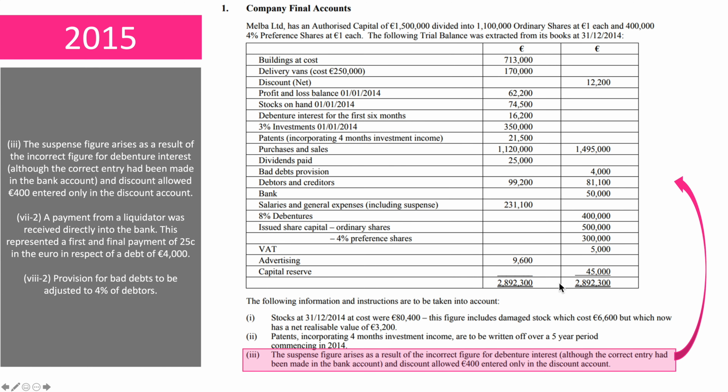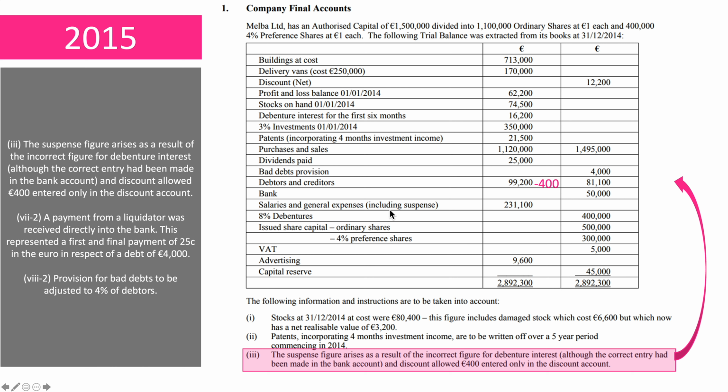So we'll just do the suspense part first, but we'll just look at the one affecting the debtors. We won't look at the debenture interest one. So the second part here, discount allowed 400 entered only in the discount account. So discount allowed would be allowed to a debtor. So we would take away the 400 euro from the debtor figure. Then our two sides would not equal, okay?